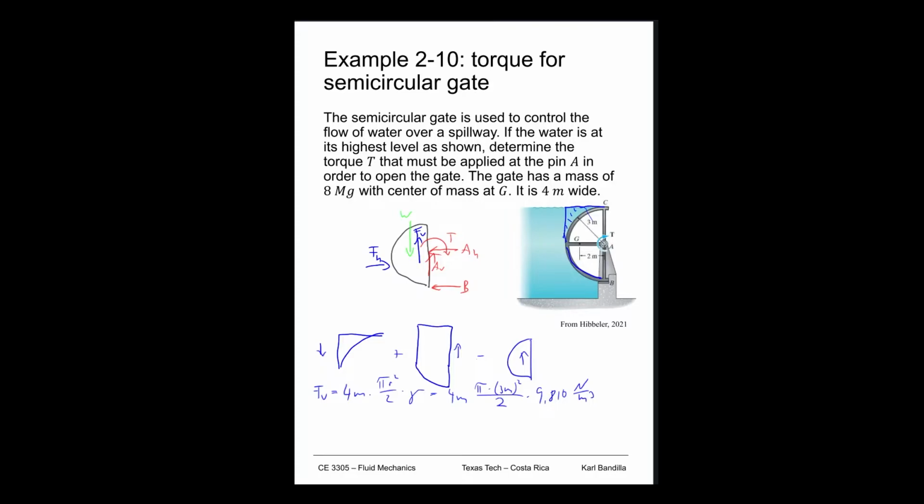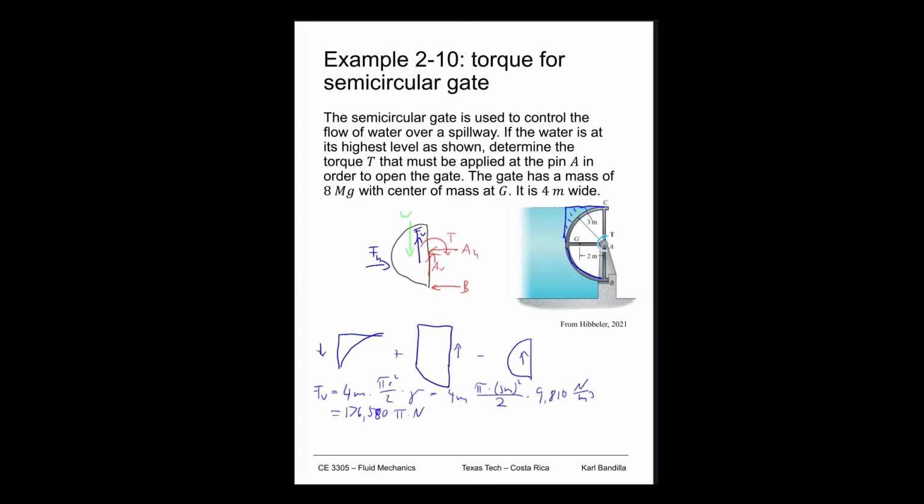And plugging those numbers in, we get 176,580 times pi Newton.